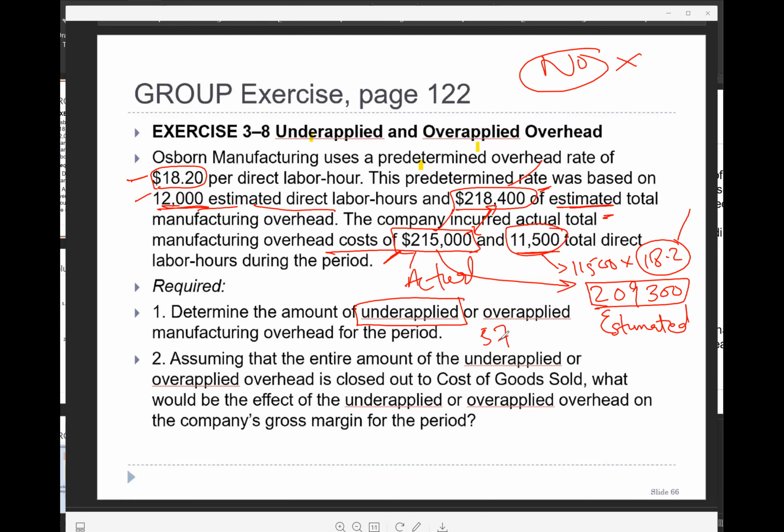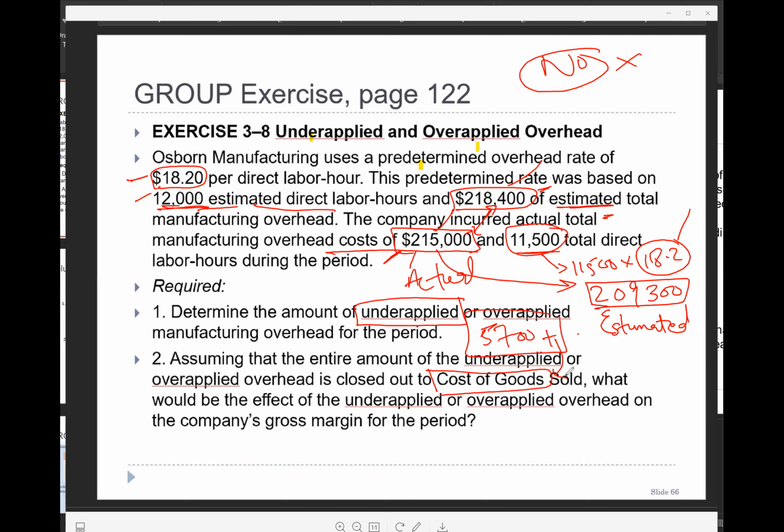So how are we going to use it? This 5,700 is under applied, which means we underestimated. It means our cost is actually higher. We must add this number to our cost of goods sold.